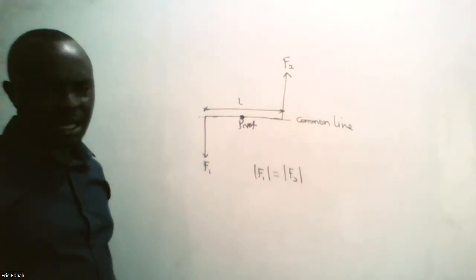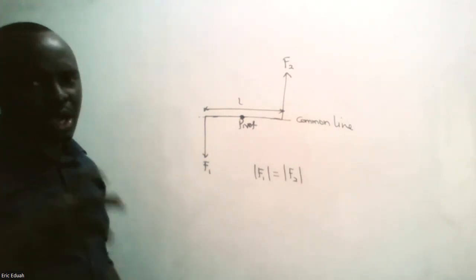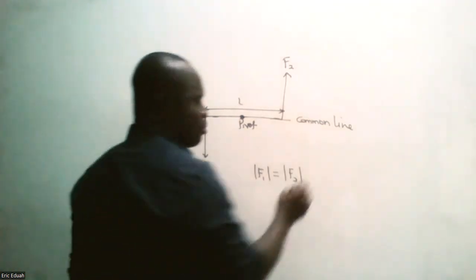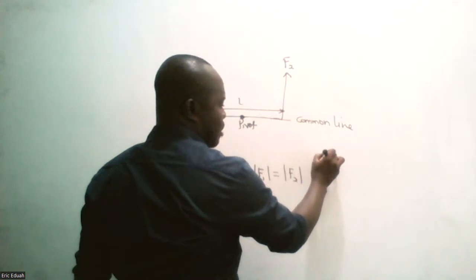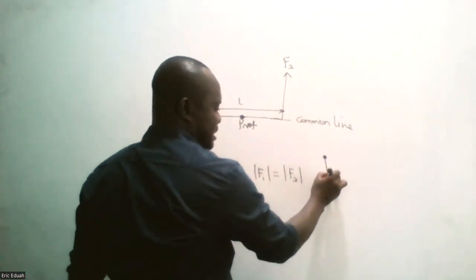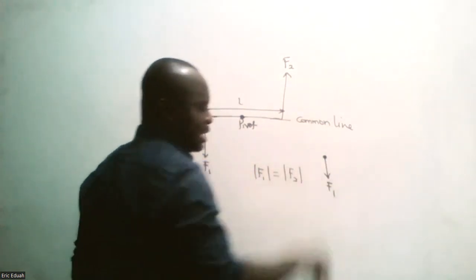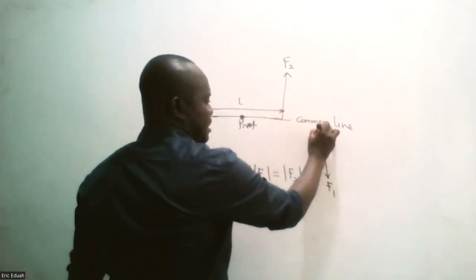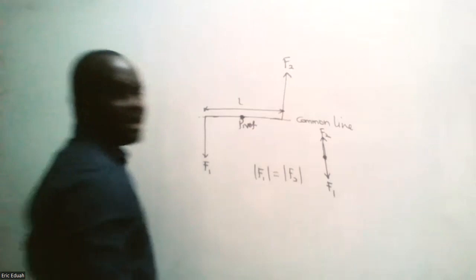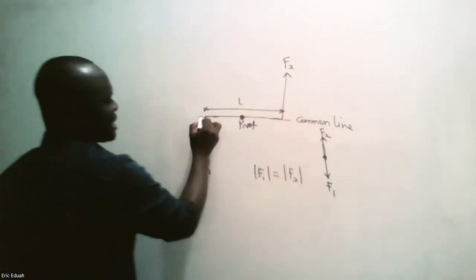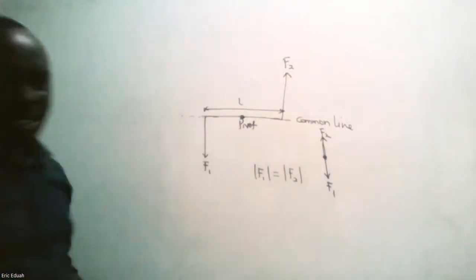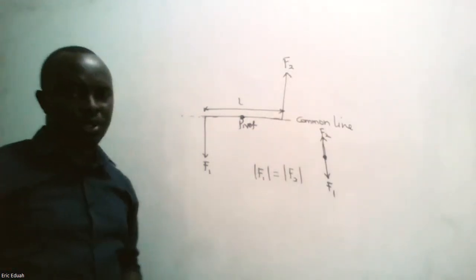You can't say that they act at a common point. If you are talking about a common point, F1 and then F2 also acts at the same point. But for a couple system, they act on a common line, creating that couple system.